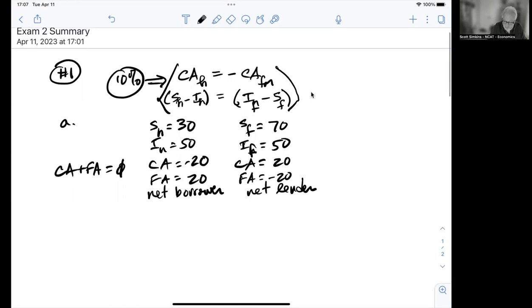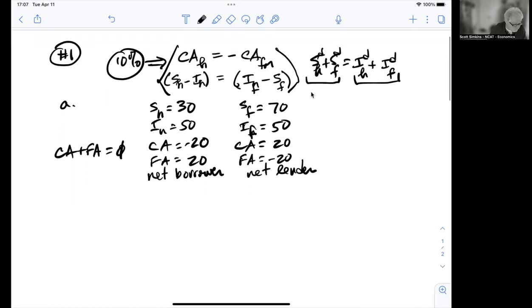Another way to think about this is that saving in the home country plus saving in the foreign country is equal to desired investment in the home country plus desired investment in the foreign country. These are desired levels. So there's world saving and world desired investment, and at any other interest rate besides 10%, in this example, those will not be equal.